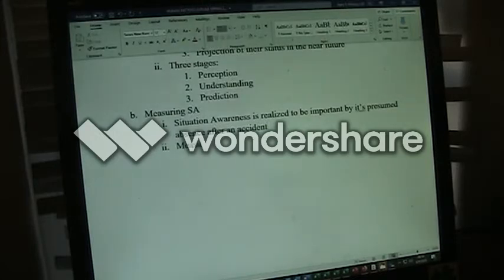However, measuring by presumed absence after the accident, where we're presuming situation awareness equals 0, is not the same as understanding situation awareness in a system beforehand.